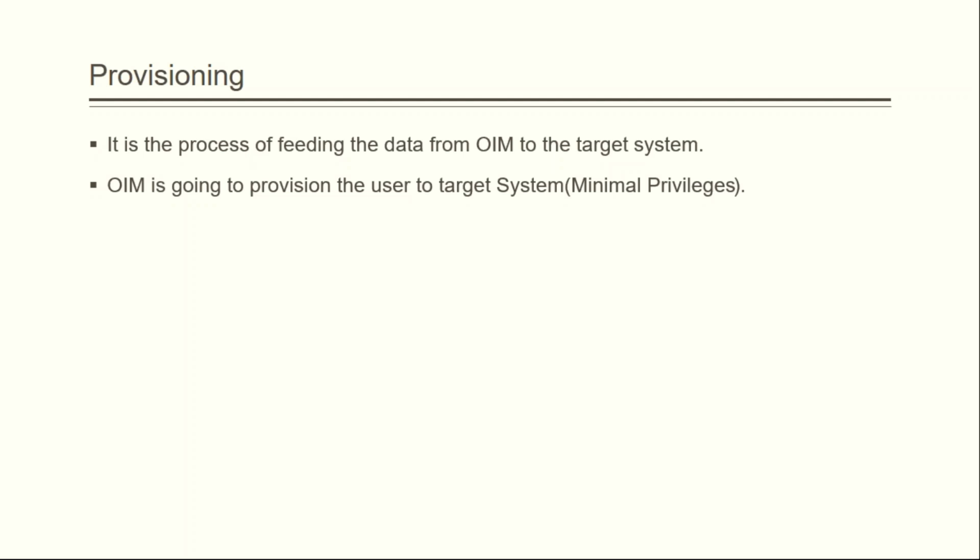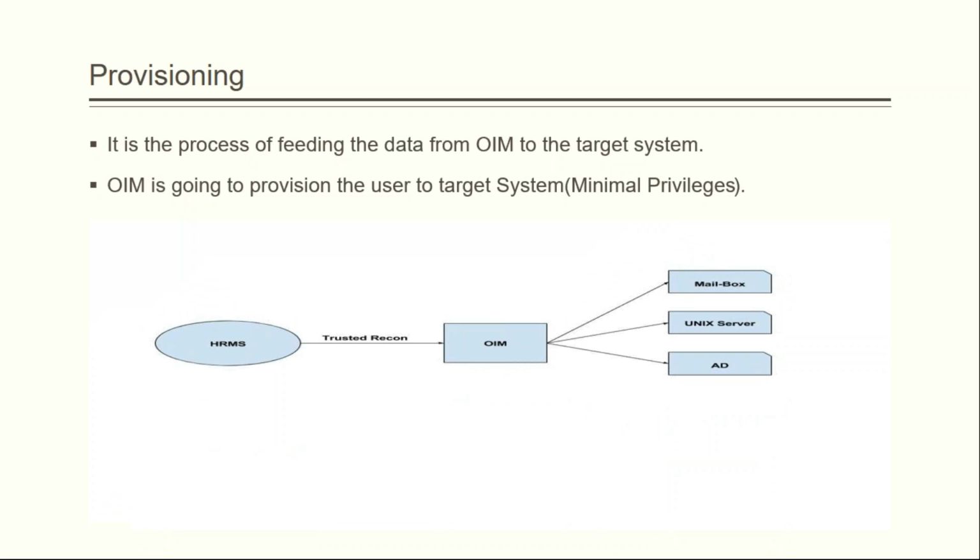They are using some database, some LDAP servers and all in order to fetch the details of a particular user, right? Now, how should we provision the users automatically? We were talking about this. Once the user is reconciled to OIM, he should have the access to all these three, right?